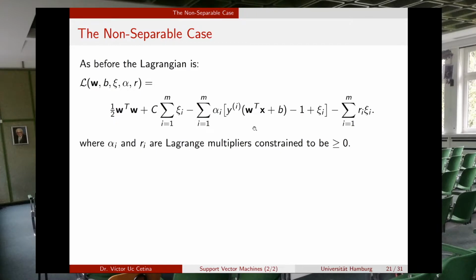Here we have our first set of constraints about the functional margin, and here is the last set of constraints, where we are saying that this should be larger than 0, or at least 0. And here the alphas and r's are the Lagrange multipliers, and these should be at least 0.